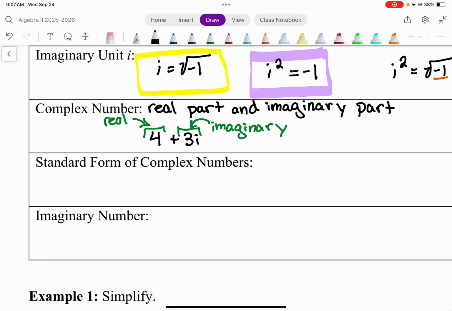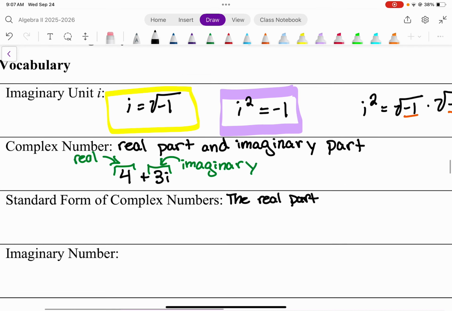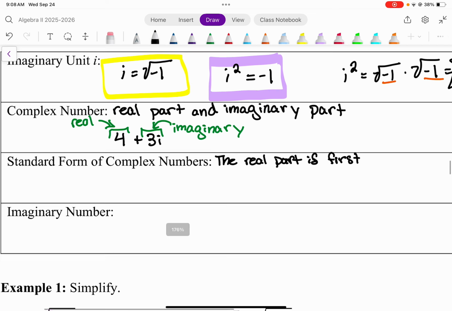Then when you are simplifying, you need to make sure you are writing it in standard form for complex numbers. When you write a number in standard form, the real part is first, and then the imaginary part is second.